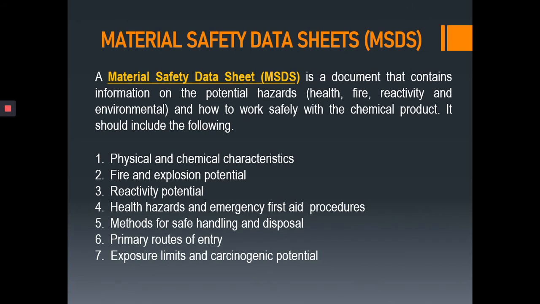Next, we have the MSDS, or the Material Safety Data Sheet. This one is a document that contains information on the potential hazards and how to work safely with the chemical product. So, the MSDS includes the following: the physical and chemical characteristics of a chemical, the fire and explosion potential, reactivity potential, health hazards and emergency first aid procedures, methods for safe handling and disposal, primary routes of entry, and exposure limits and carcinogenic potential.